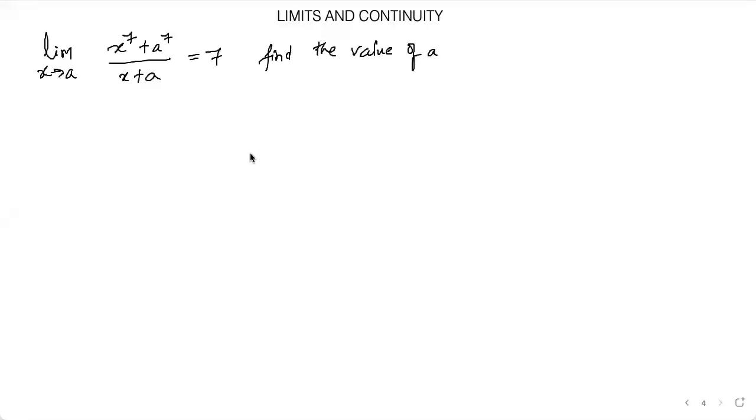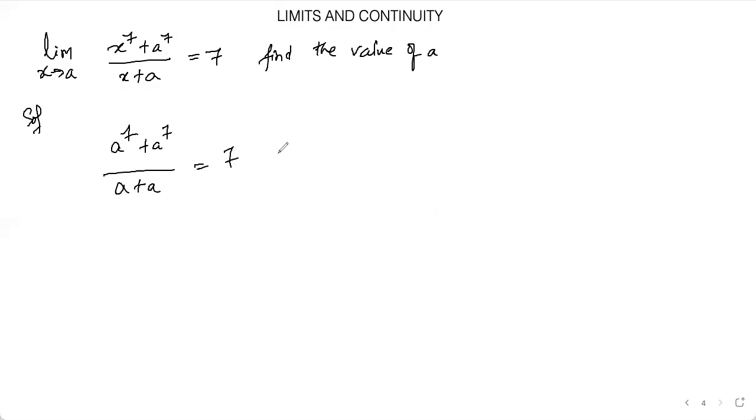So let us find the value of a for the given limit. Okay, now we know that limit x tends to a, x to the power of 7 minus a power 7 by x minus a, right? Let us substitute x as a. So we get that as a power 7 plus a power 7 by a plus a, right? Which is equal to 7, right?